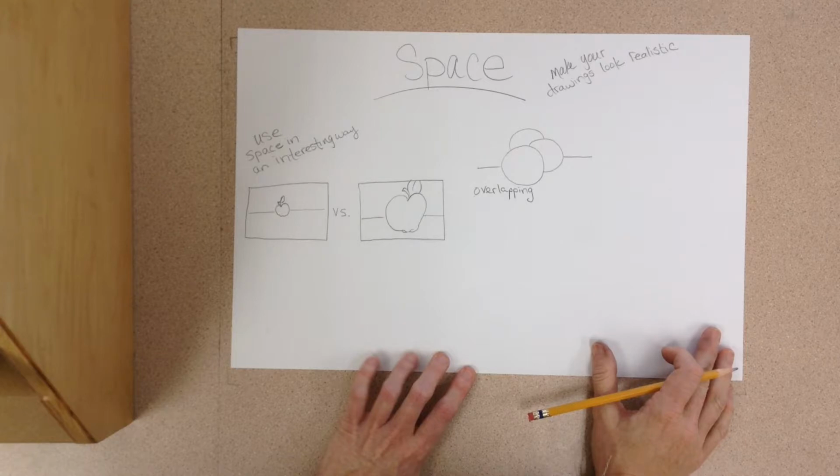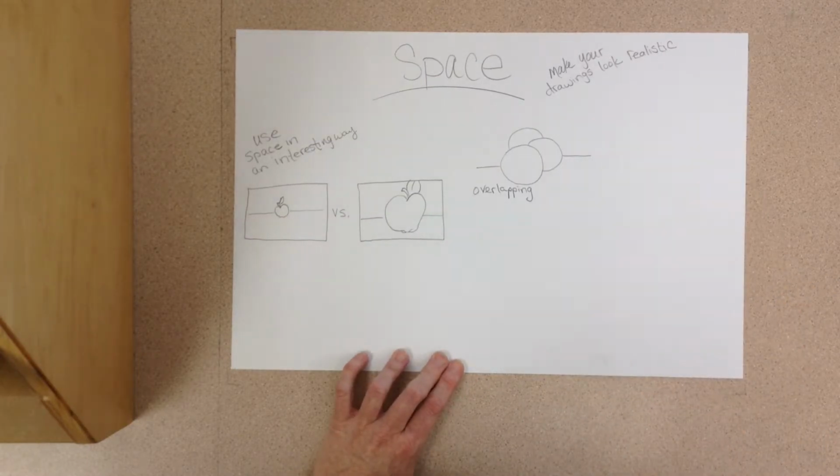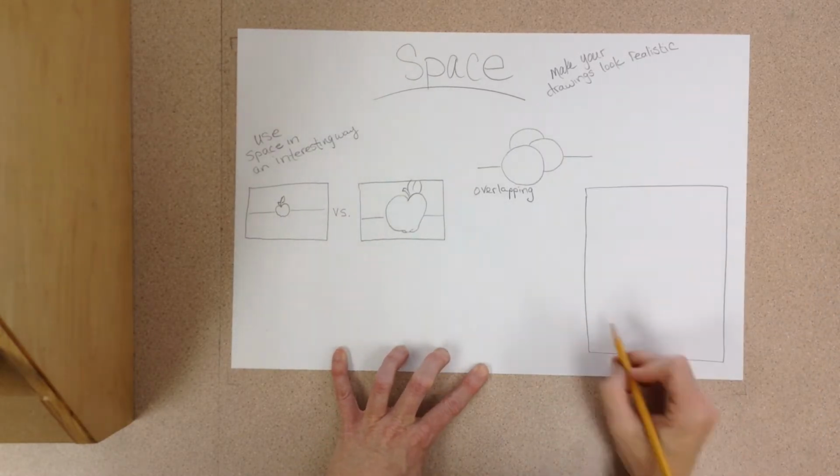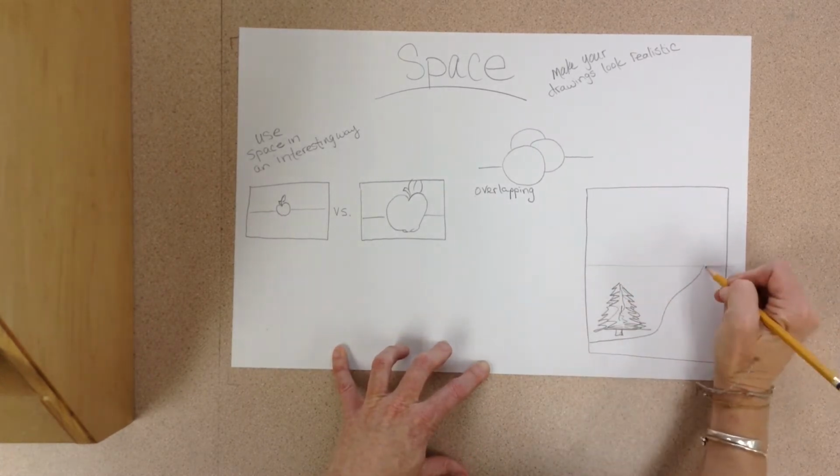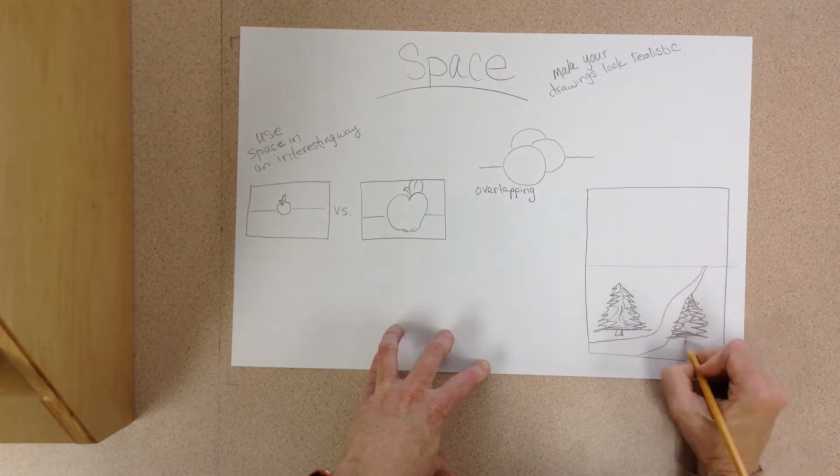If you overlap things in your artwork, it looks like things are in front of each other. This is space also. And if I draw a landscape, there are three parts.